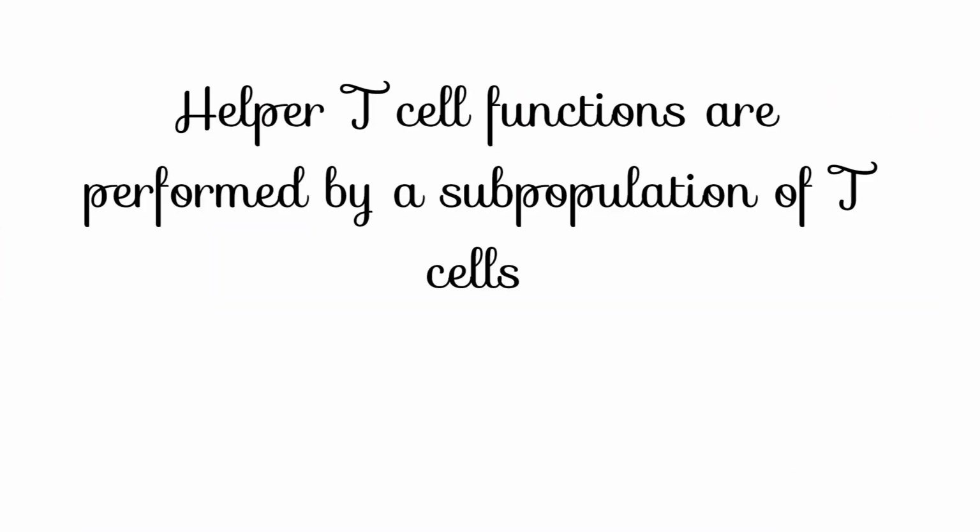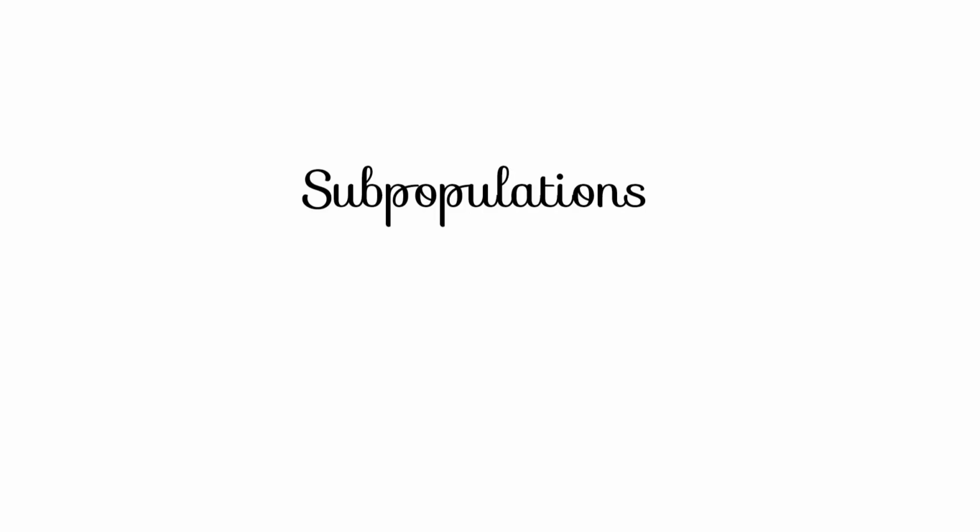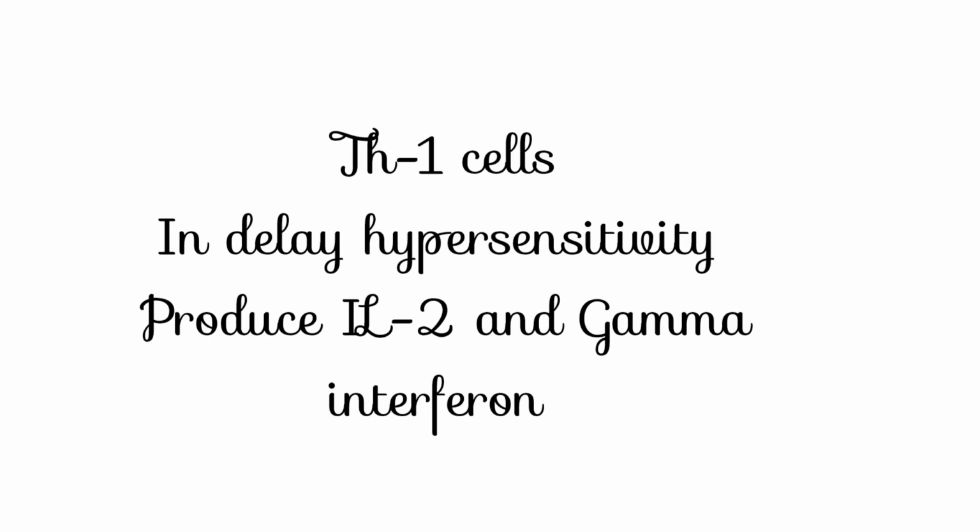We talked about the function of the T cells. They perform the regulatory function and the effector functions. These regulatory and effector functions are performed by different cells. Two subpopulations are very important. These subpopulations come under the category of the helper T cells. The first population is called the Th1 cells, and these Th1 cells help the delayed hypersensitivity response by producing primarily interleukin 2 and gamma interferon.